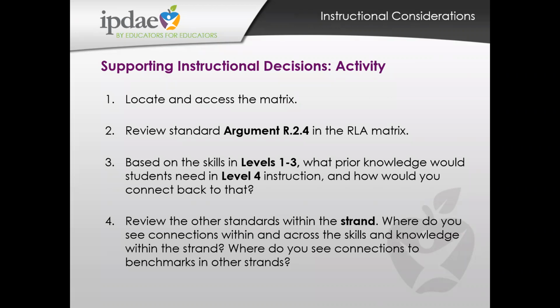As we think about connections to other standards within the strand, this is certainly not an exhaustive list, but there are connections we can see to the purpose and perspective benchmark, which at level 4 asks students to also track the development of ideas, right? How an author establishes and achieves their purpose through a variety of specific elements.